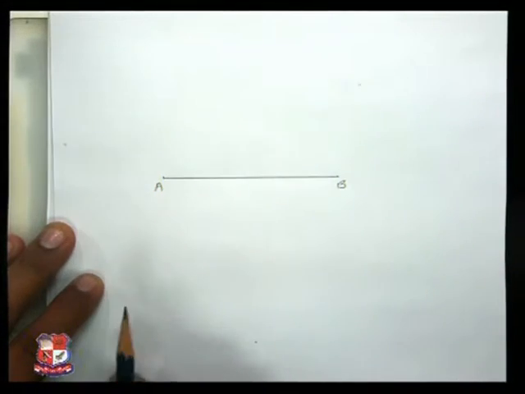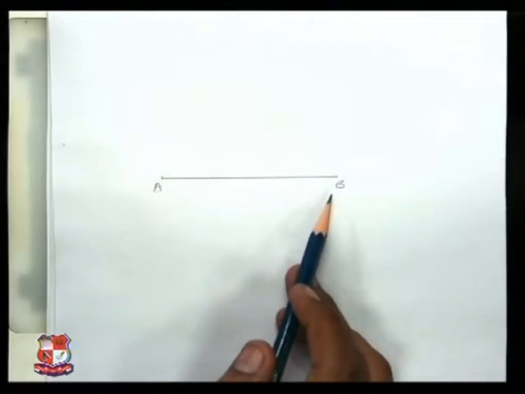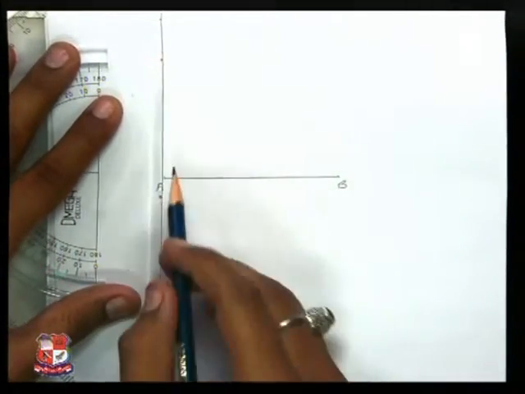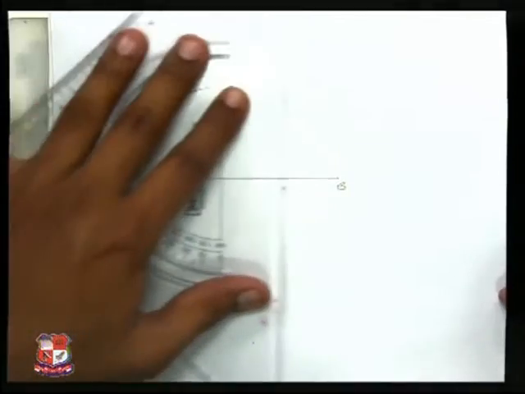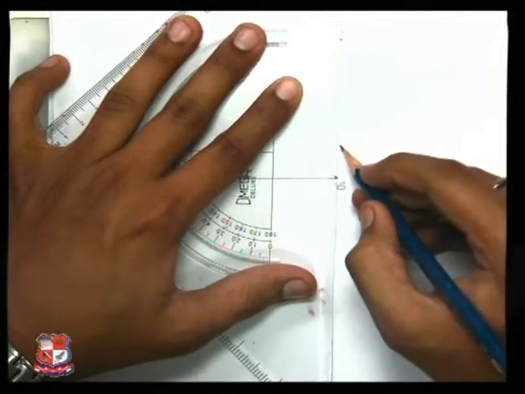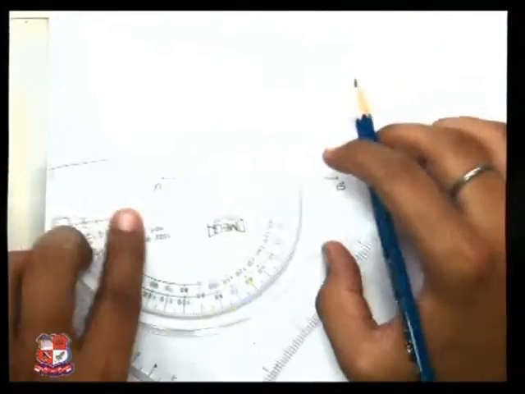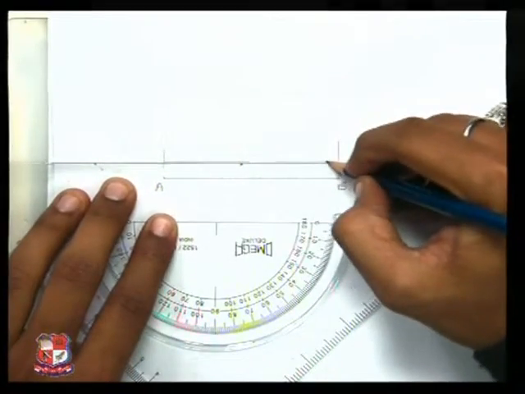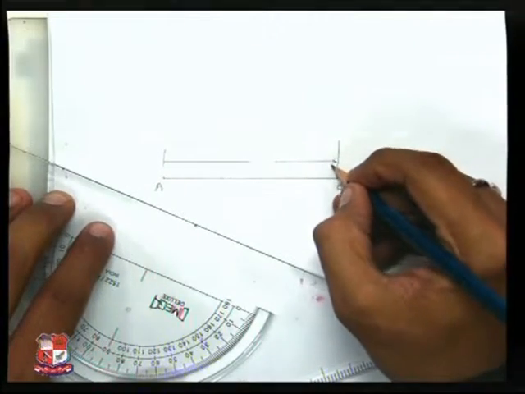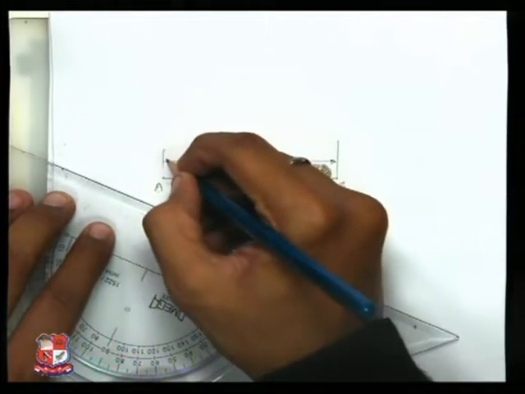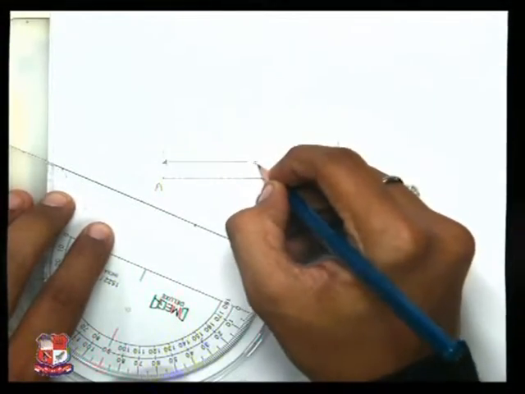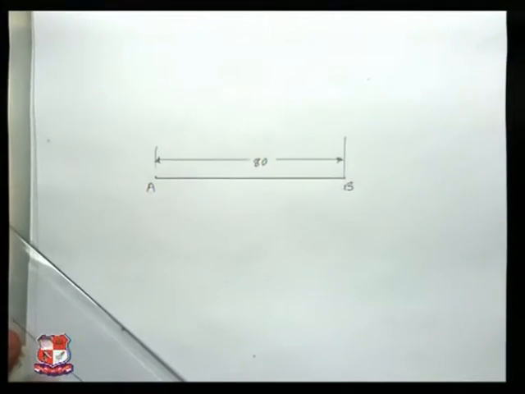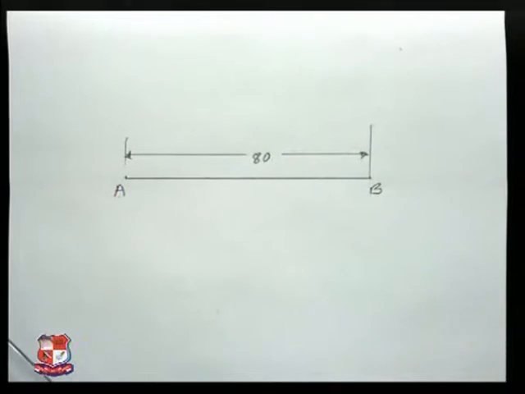Let's say we have line AB, 80 mm long. We have this 80 mm long line and we need to divide this line into 7 equal parts.